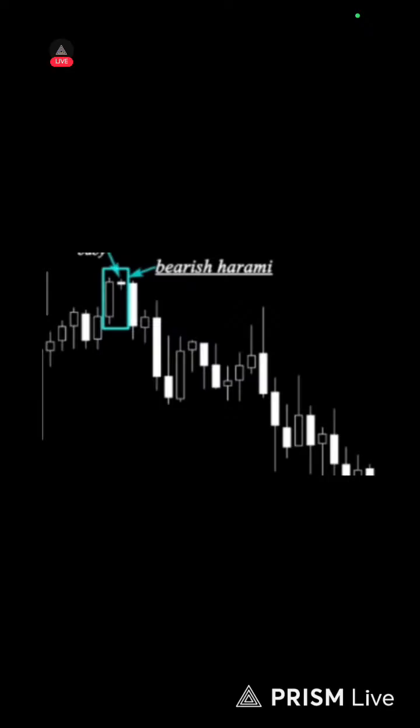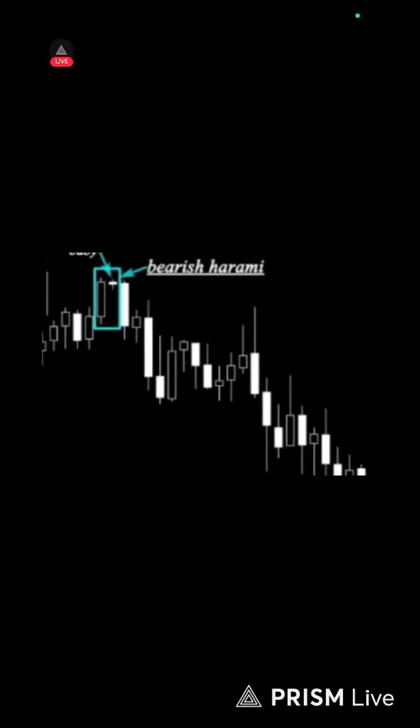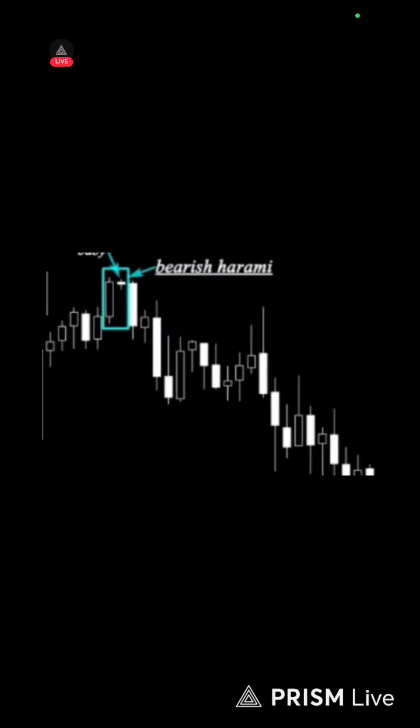When we have the bearish HARAMI candlestick pattern, have you seen it? The market was in an uptrend. All of a sudden, we saw the baby candle. It might be a doji, but it's being impregnated. It opens and closes within the large bearish engulfing candle.